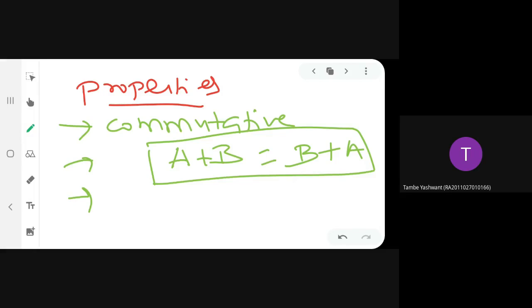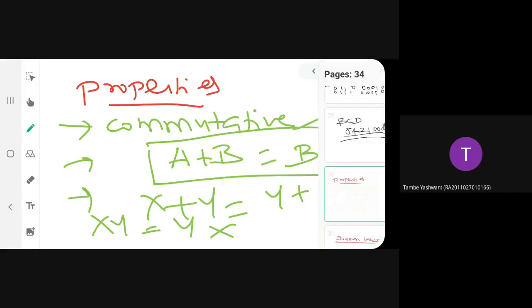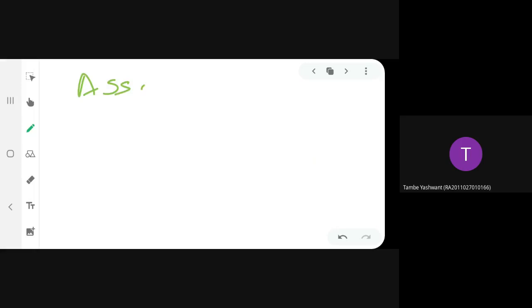Or otherwise you take different variables. If it is x plus y, that should be equal to y plus x. If it is xy, then it will be equivalent to yx. This property is called commutative property. Next comes the associative property.